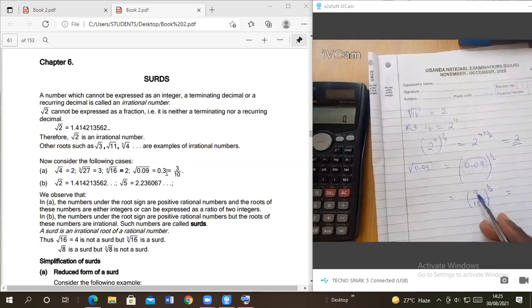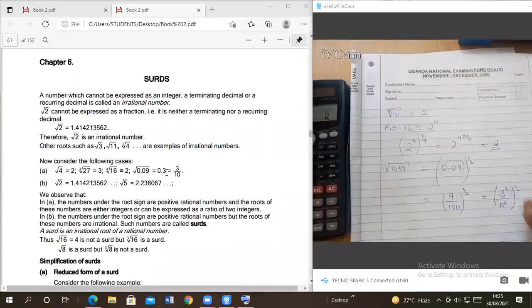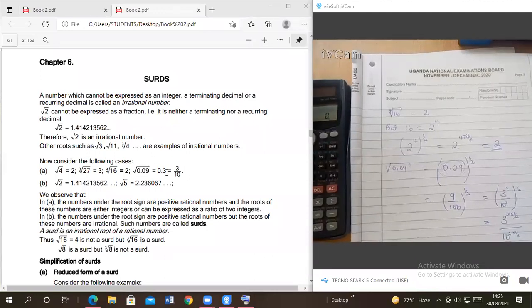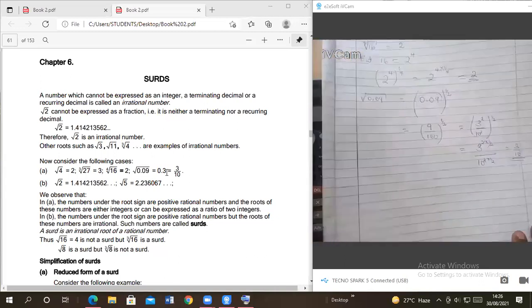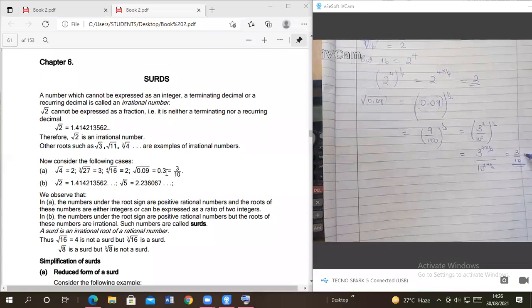Now, when you look at 9 and 100, those are square numbers. So this is the same as 3 squared out of 10 squared, to the power a half. Then we distribute their powers, which will give us 3 squared times a half, 10 squared times a half. So it will remain with 3 over 10. Have you seen that, members? Yes. So this one is rational.